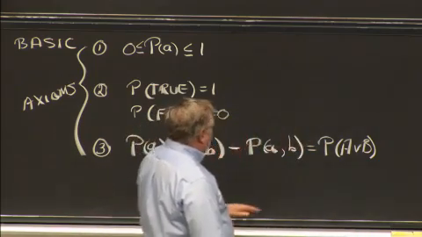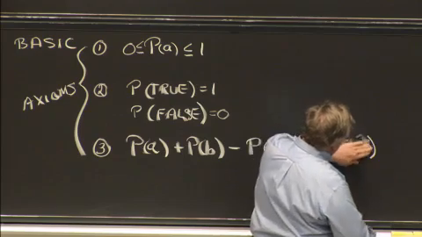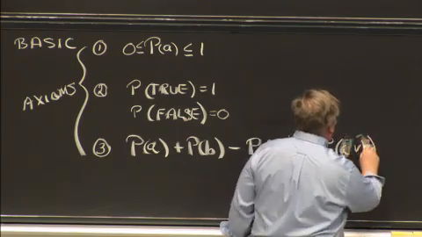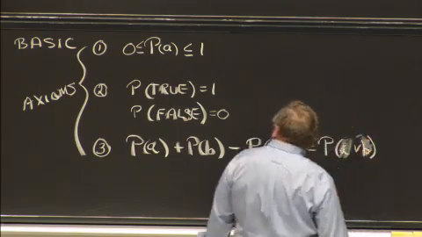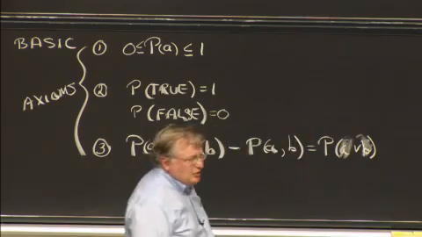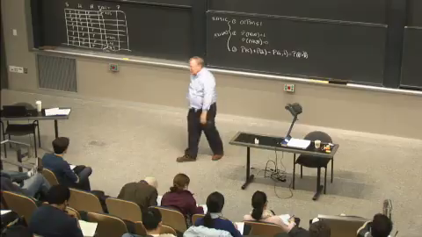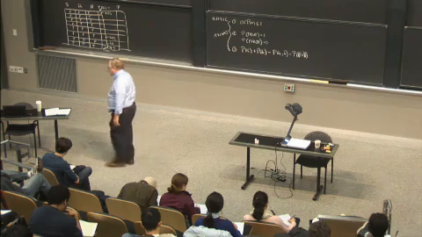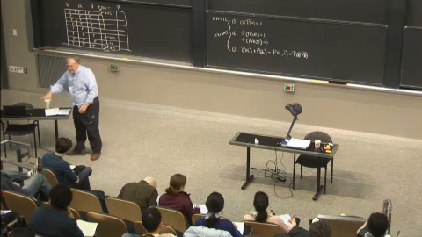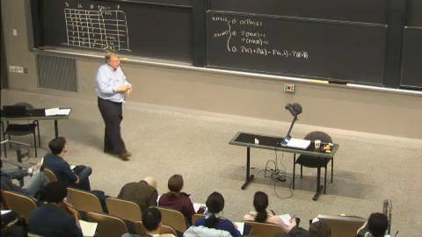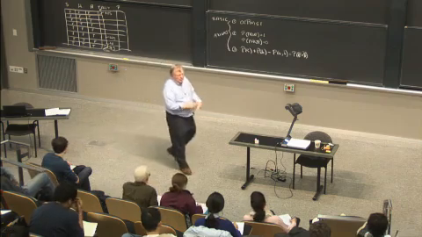I guess it would make more sense if I didn't switch my notation in midstream, A and B. So those are the axioms, and mathematicians love to start that way, and they can derive everything there is to derive from that. But I never can deal with stuff that way. I have to draw a picture and think of this stuff in a more intuitionist type of way.